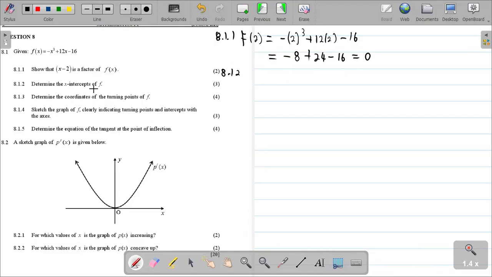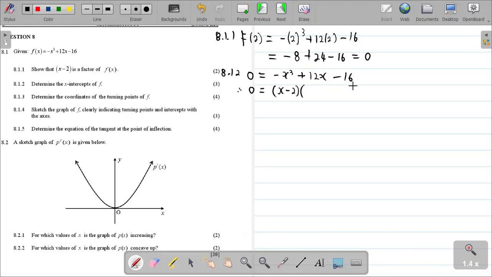Determine the x-intercepts of f. Okay, so for the x-intercept y is equal to 0, so it's going to be 0 equals negative x cubed plus 12x minus 16. So we know that x minus 2 is a factor, so one of the factors is x minus 2.